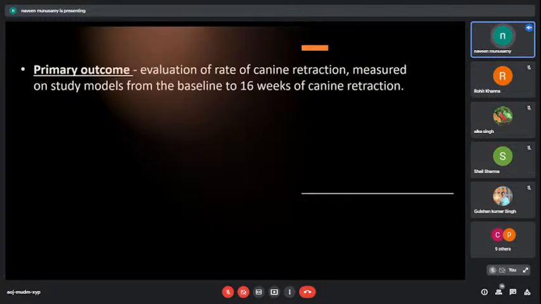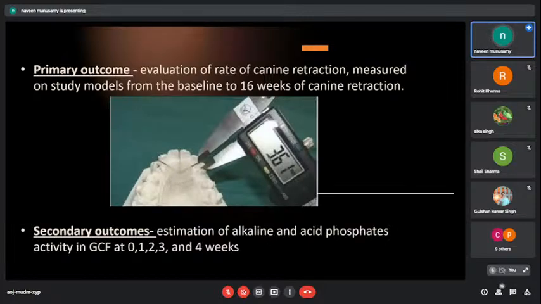The primary outcome was to evaluate the rate of canine retraction, measured on the study models from baseline to 4 months. After every 4 weeks, we evaluated the rate of tooth movement. This was the method we used for evaluating the rate of tooth movement on the study models. Along with this, the secondary outcome was the level of biomarkers related to bone resorption and bone deposition.